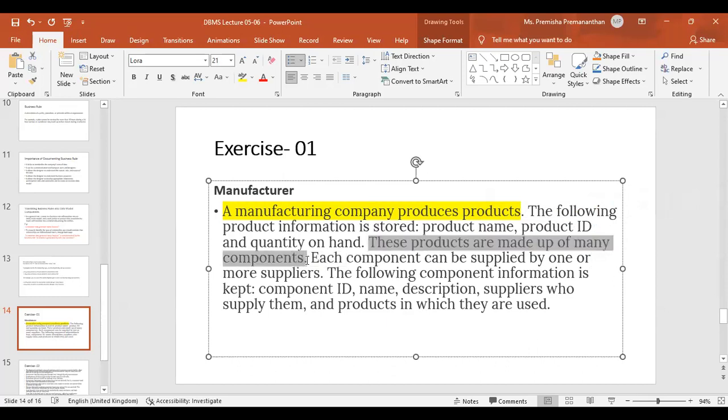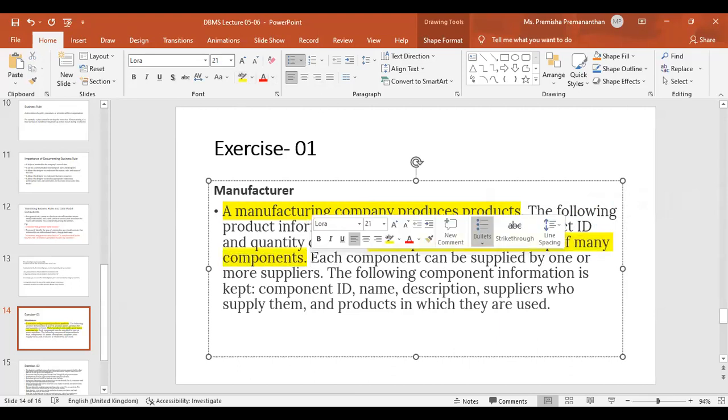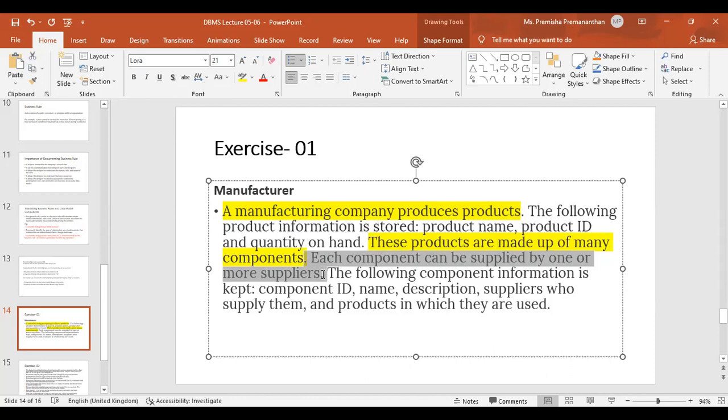So here also one business rule, so I highlight the second business rule. And third is each component can be supplied by one or more suppliers. So the third business rule. The following component information, that's also an attribute. So how many business rules are here? Only 3 business rules, right? So whoever considered 4, 5, 6, please think about it. Only 3 business rules can be converted as data models.